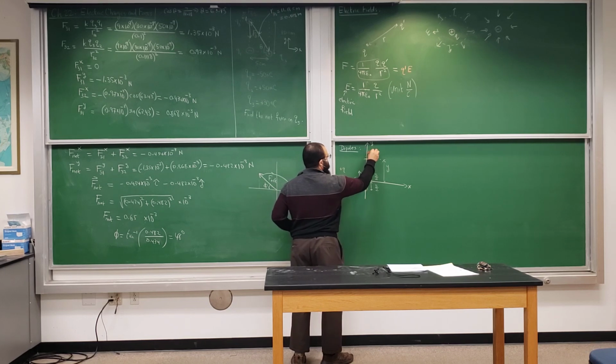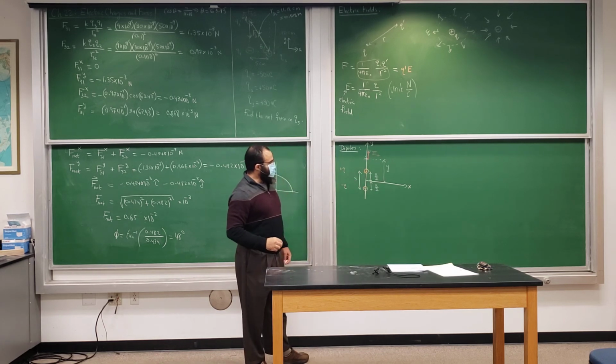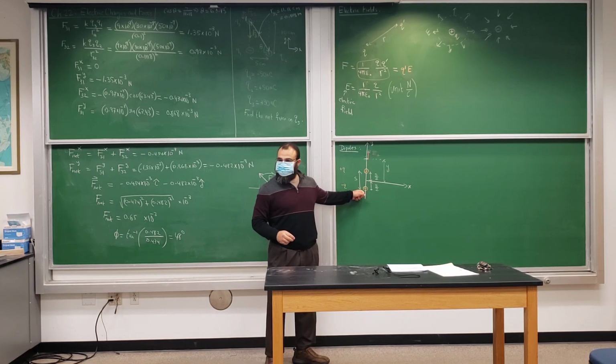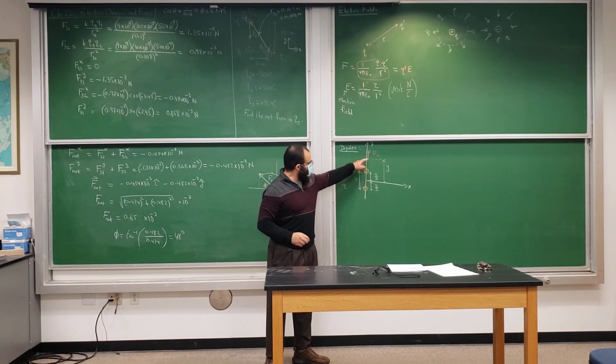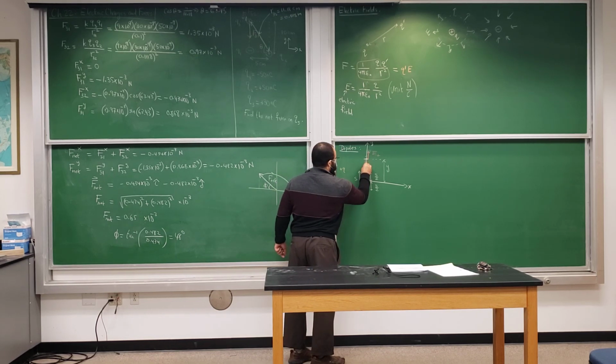So the positive charge will produce an electric field away from itself, right? I would call it E plus, meaning the electric field due to the positive charge. And the electric field due to the negative charge, what do minus charges produce? Electric fields in what direction? Towards themselves. So if you're at this point and you want to go toward the negative charge, you go this way, right? That's towards. So that's the electric field due to the minus charge.